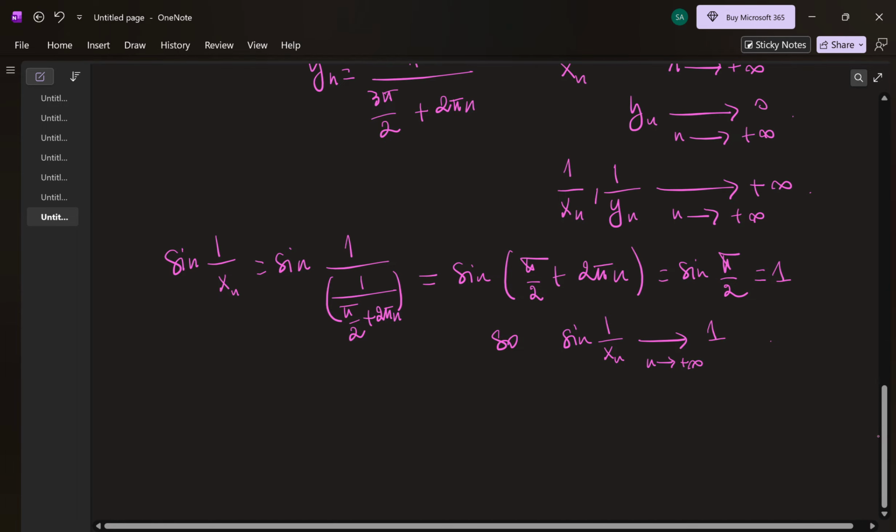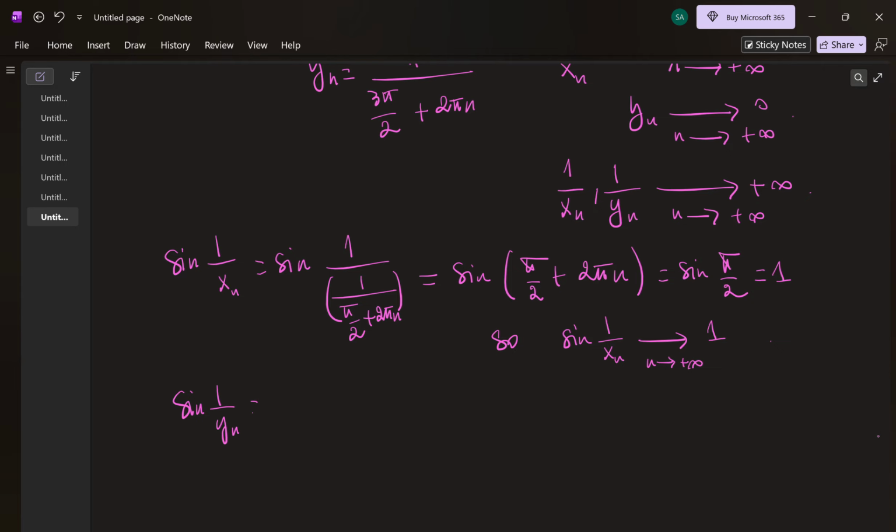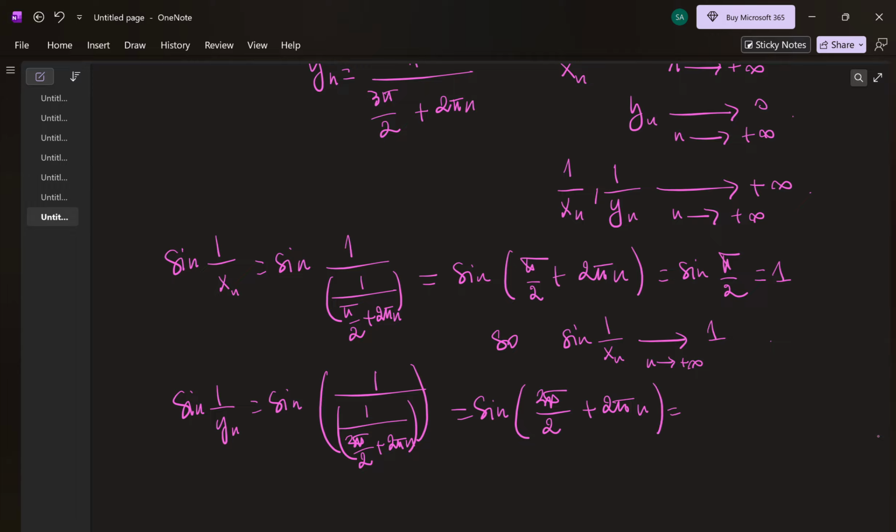In the same way, sine 1 over yn is equal to sine of 3 pi over 2 plus 2 pi n, which is equal to sine 3 pi over 2, which is equal to minus 1.